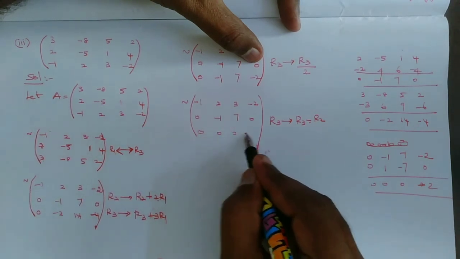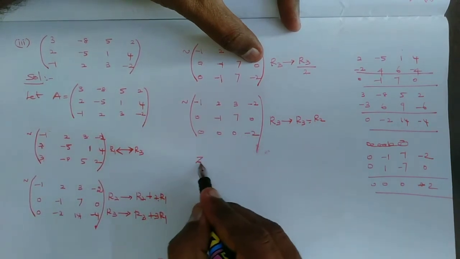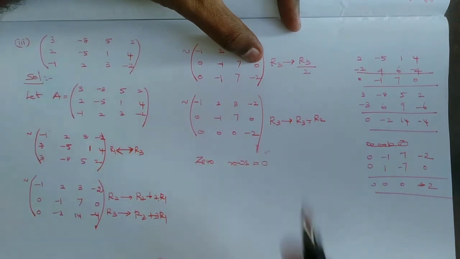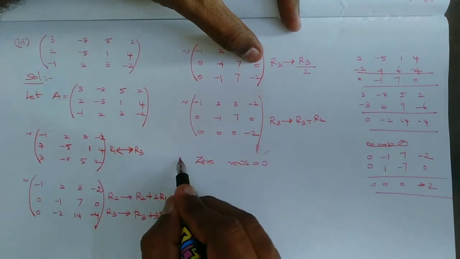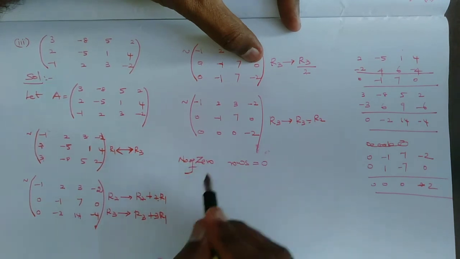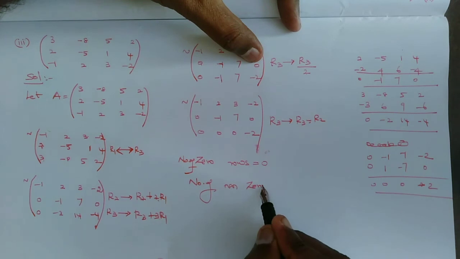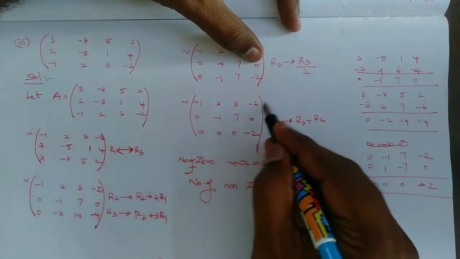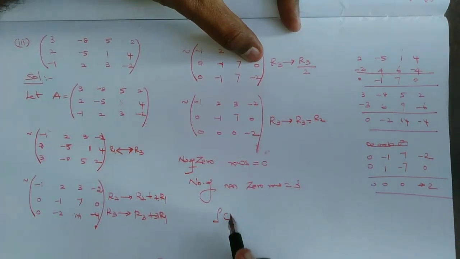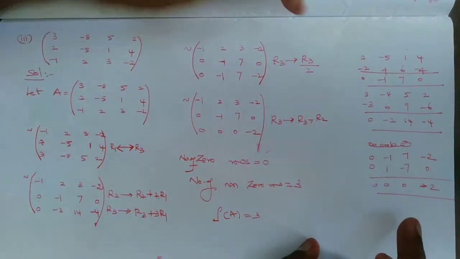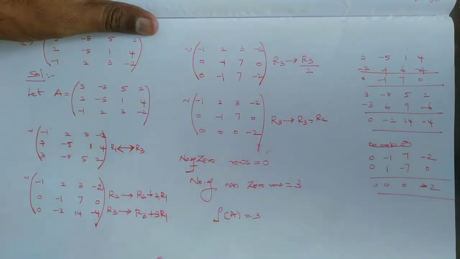There is no 0 row present here. Number of non-zero rows is 3, so rank of A is equal to 3. That's all. With this we are finishing this exercise 1.2. Thank you.